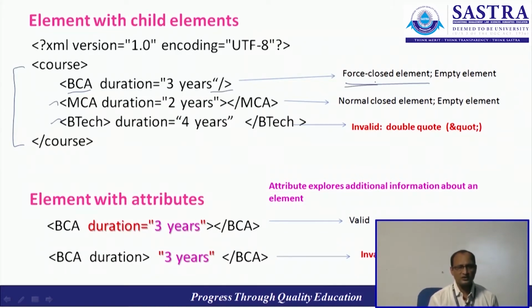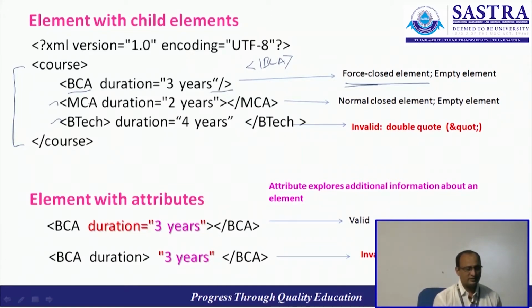Force close, in the sense it does not have slash BCA. It is not necessary here, because we know that the BCA element should not carry any child or text, so this BCA element has been closed in force. This is also a correct application.